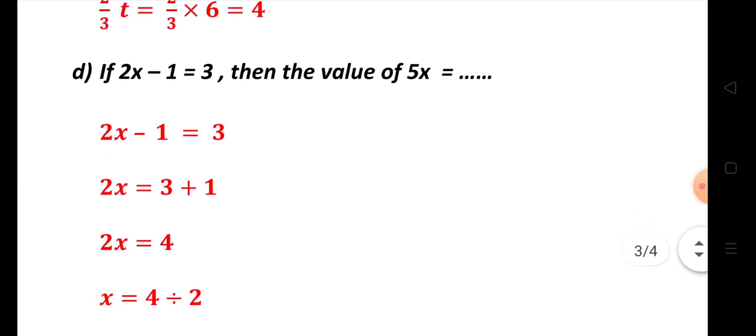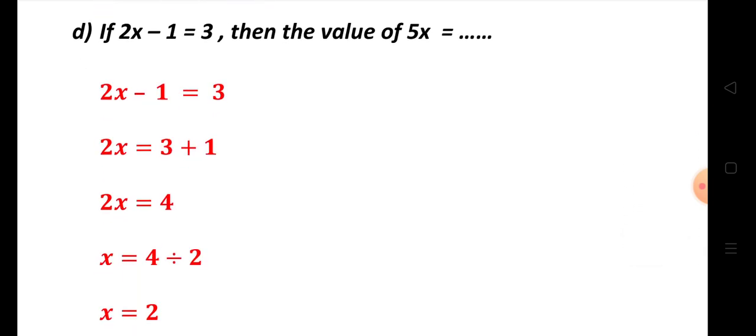The next example, I have the equation 2x minus 1 equals 3. Then the value of 5x equals what? Also at the first I must get the value of x alone. From the equation 2x minus 1 equals 3, I will move negative 1 to the other side to be positive 1.